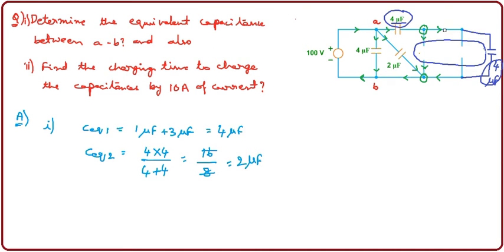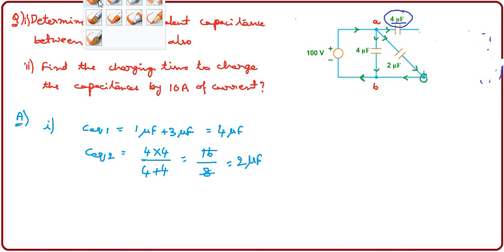Let me remove these two and maintain only one, and the value of that one capacitance is 2 microfarad. It's a very simple concept. Now the value is 2 microfarad.